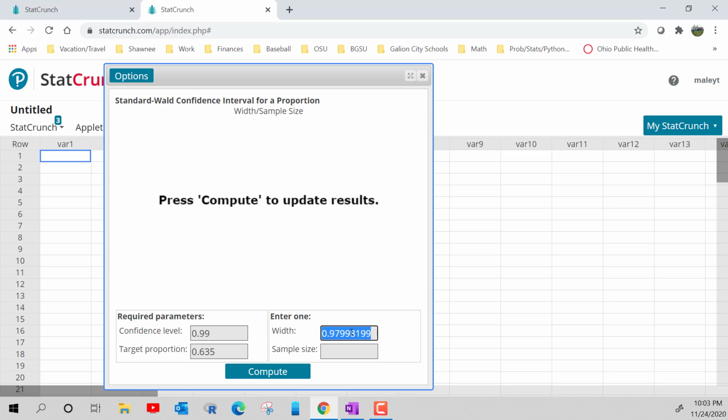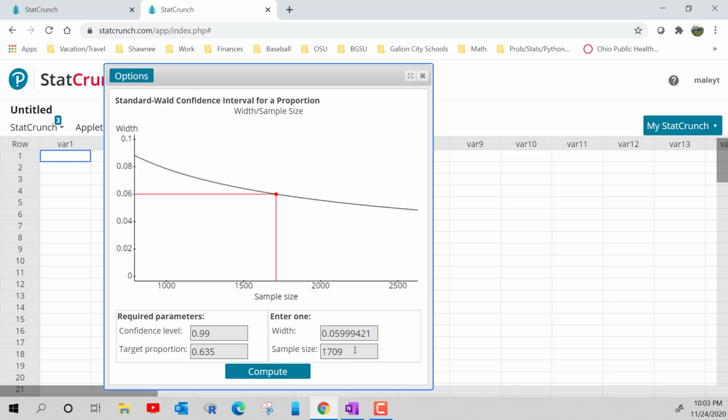Then the width is going to be equal to 2 times e, which would be 2 times 0.03, which is 0.06. So the width is 2 times e. Hit compute, and I get 1,709. Doing it by hand, I got 1,708, so we're a little off by doing it by hand, but we get a similar result.